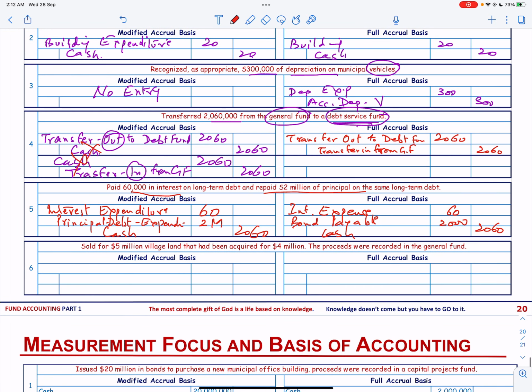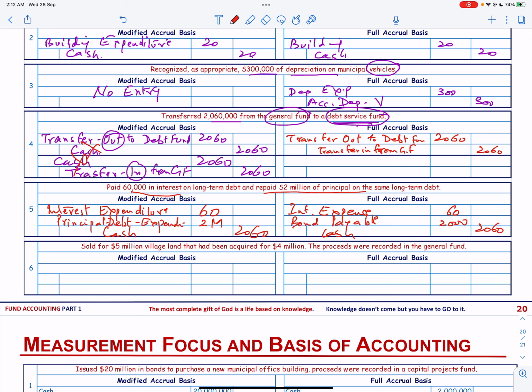Let us see number 6. So sold for 5 million village land that has been acquired for 4 million. The proceeds were recorded in the general fund.